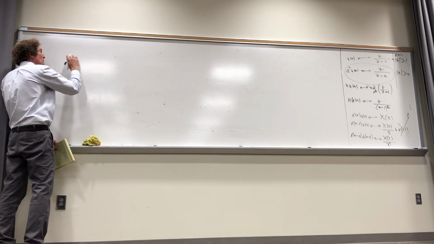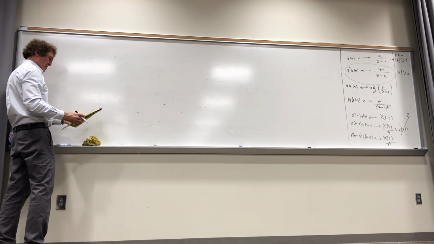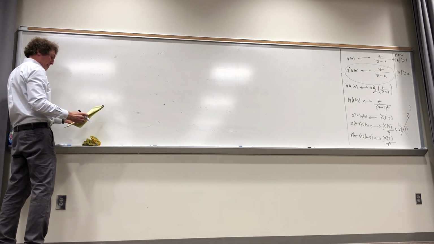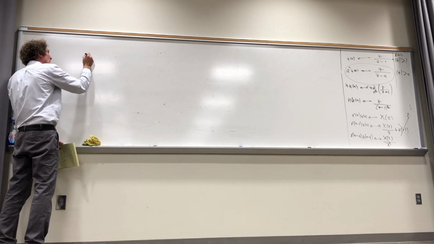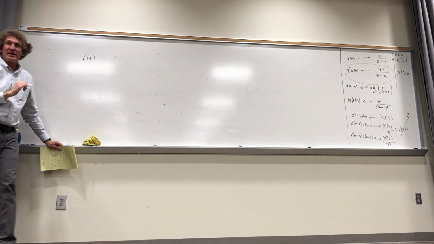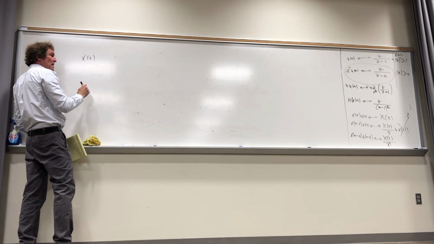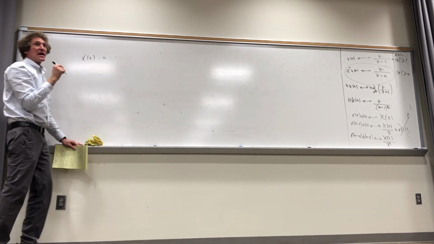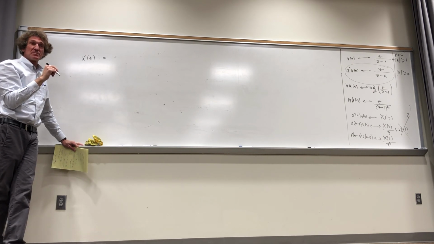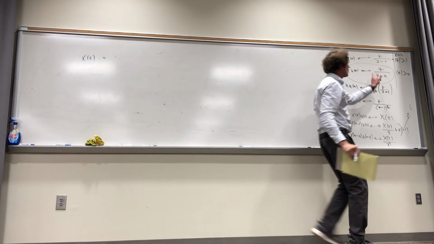If you have x of z and you would like to get it into the form of a over z minus a plus b over z minus b and so forth, the problem is that all our transform pairs have z over z minus a.